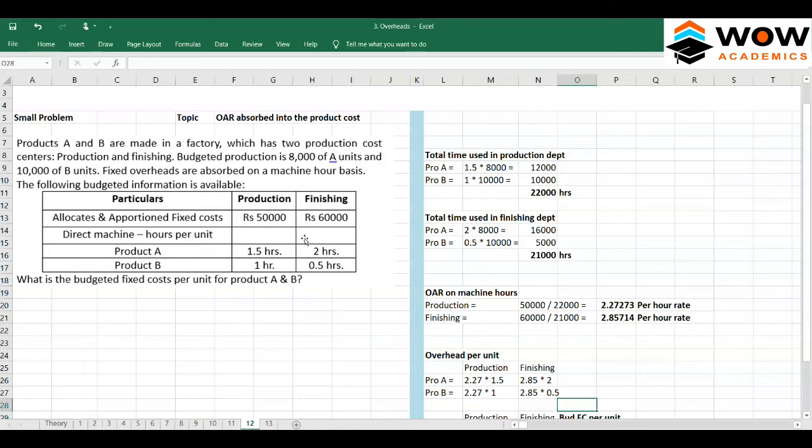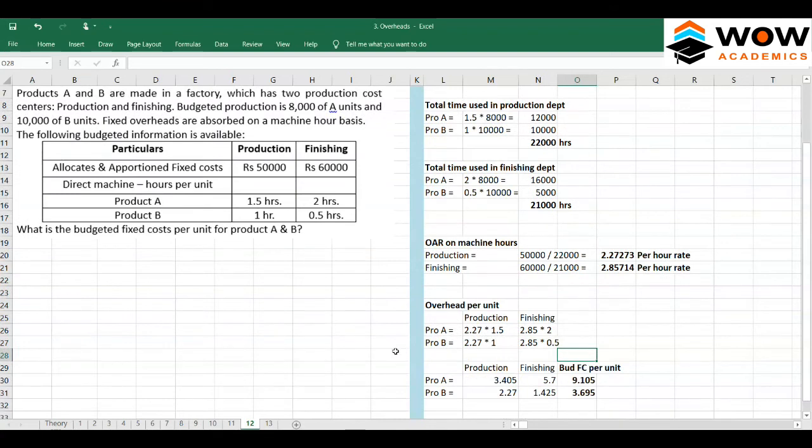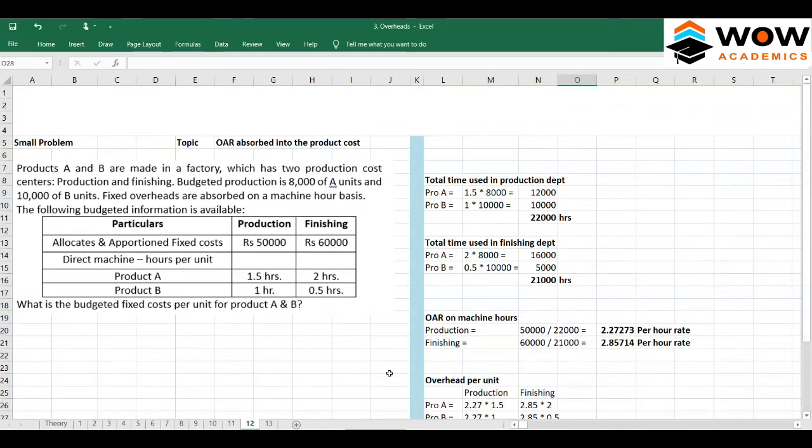So this is how it is being converted. You find out the total overheads after primary and secondary distribution, then you find out the OAR, and the OAR relates that to the final product. So this is about this sum. We'll move on to the next one.